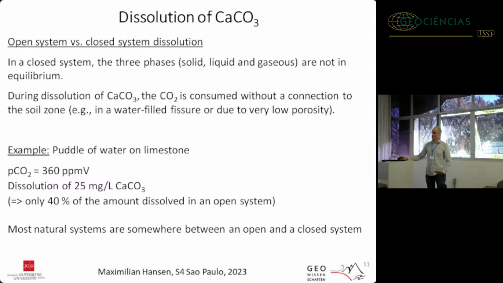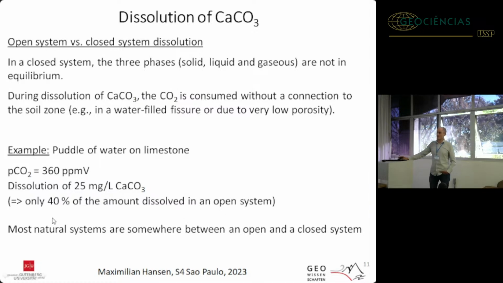And then you can take exactly the same example. You have water on top of limestone and the same PCO2, which I showed you before. But the capacity to dissolve the carbonate host rock is only 25 milligrams per liter for this case. That means that only 40% of the amount I showed you before can be dissolved in an open system, right?